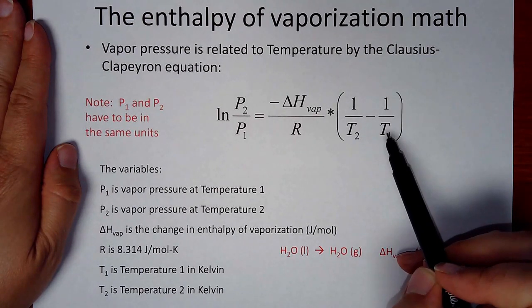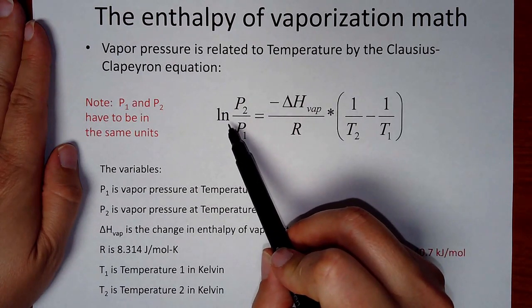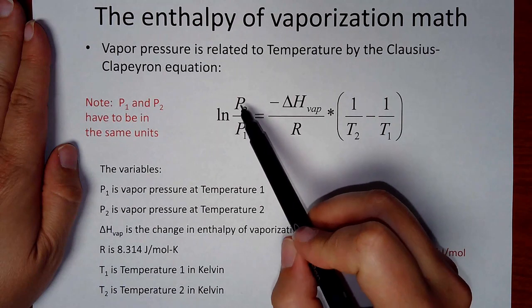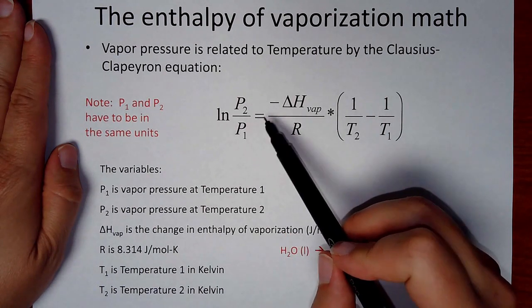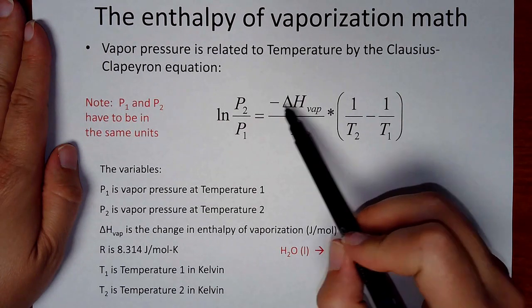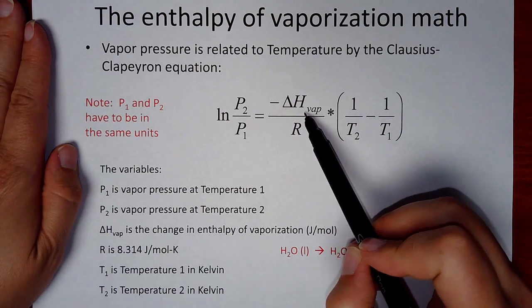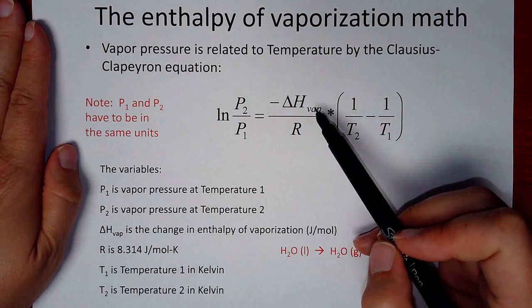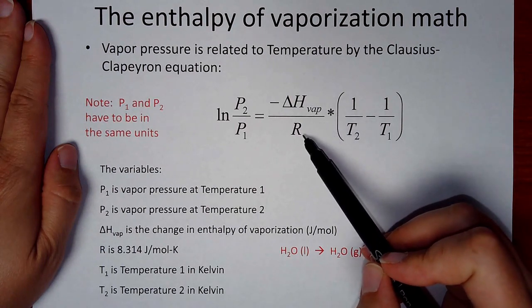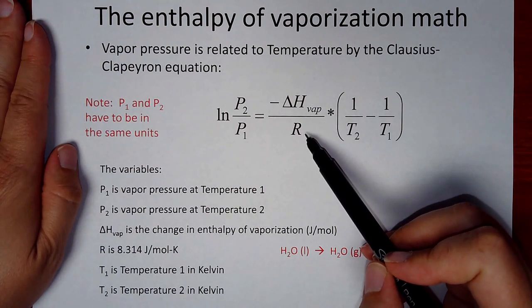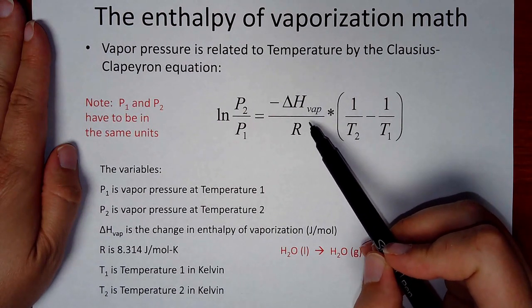Alright, so if we look at this equation, we have the natural log of the ratio of two pressures, pressure 1 and pressure 2, is equal to negative delta H of vaporization, so the enthalpy of vaporization value, which if you remember is the constant value for a substance, divided by R, our gas constant, and in this case we're looking at energy units because enthalpy of vaporization is energy.